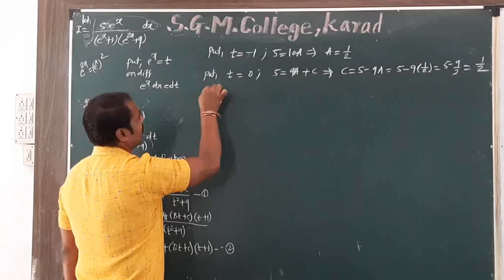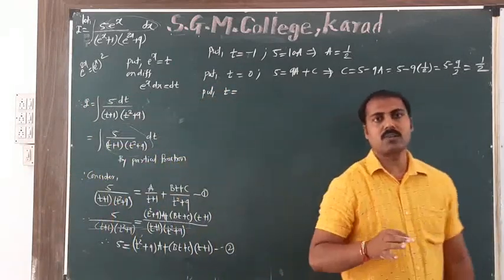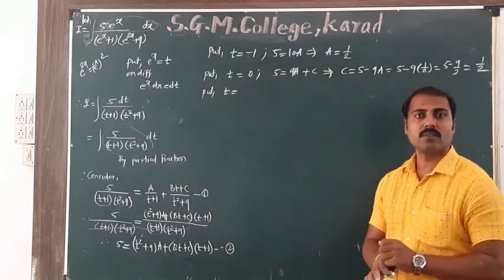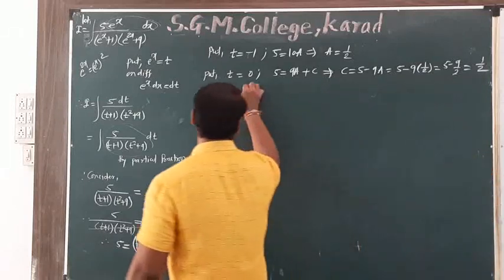Put t is equal to any value other than minus 1 and 0. For easy calculation, I can put t is equal to 1.